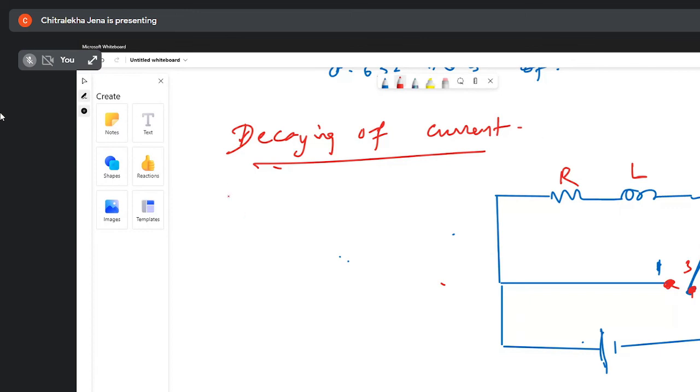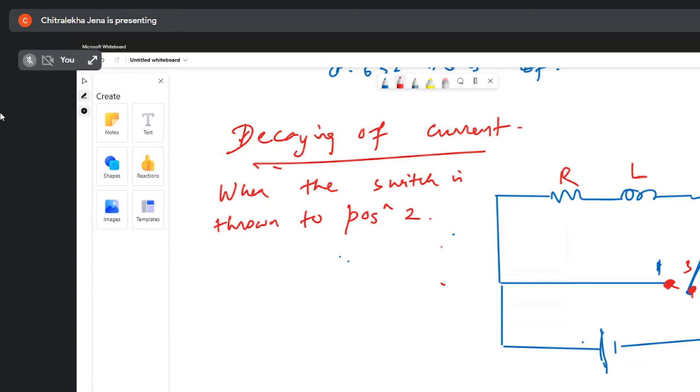Write down. When the switch is thrown to position number, initially you think of a condition.